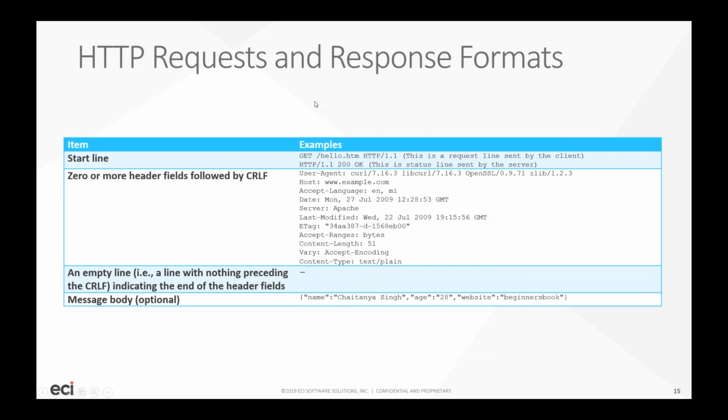REST HTTP request and response formats. Now this is, as I mentioned, just like making requests and getting responses from any web page as you do with your web browser today. So if you ever look at a raw response from a web page, it's no different than what you see here.